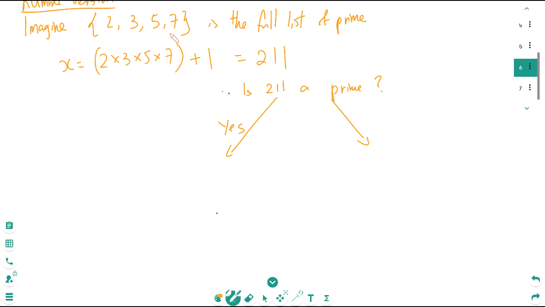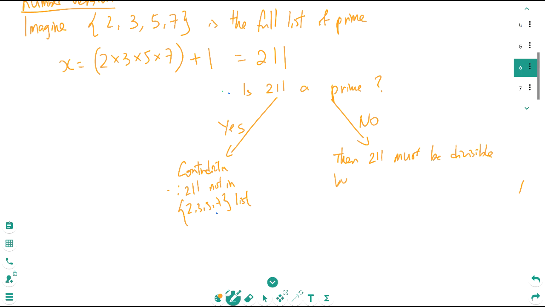If it is yes, then there's a contradiction straight away, because 211 is not in the 2, 3, 5, 7 list. So no one will talk about yes. What we focus on is the no part. Is 211 prime? No. Now if 211 is not a prime, then 211 must be divisible by a prime that is not on the list.